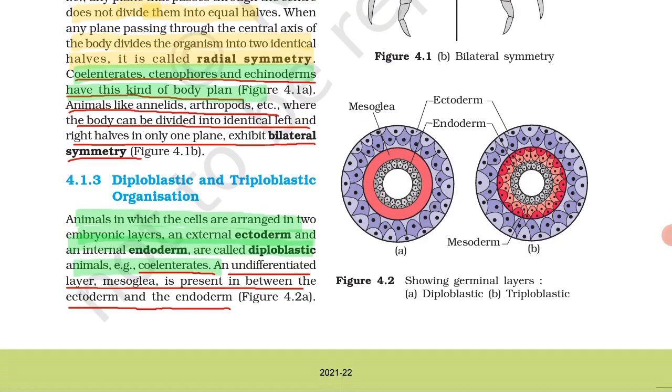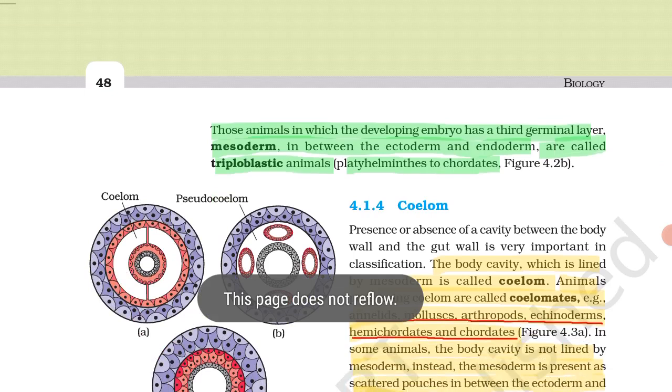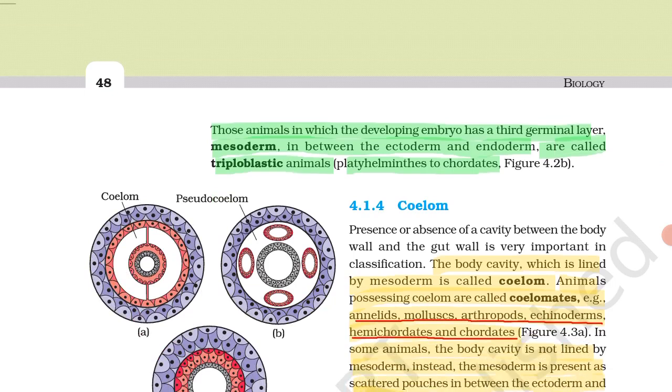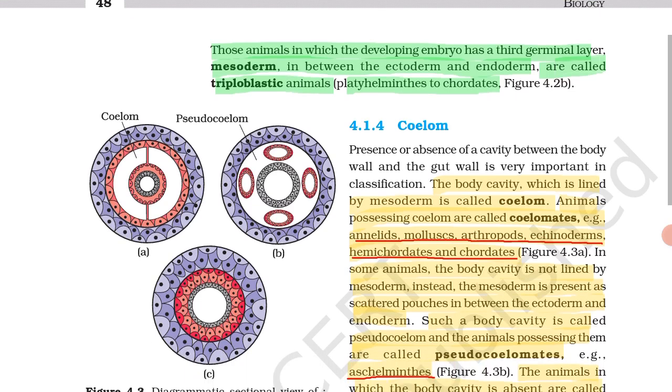They exhibit three germinal layers and are called triploblastic organisms. The examples are Platyhelminthes to chordates, in figure 4.2b.